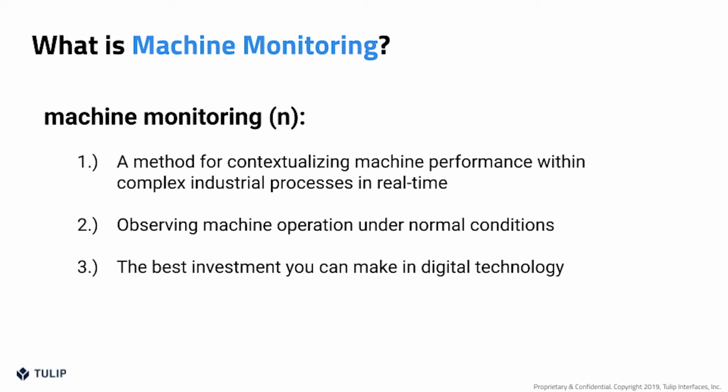In the old times, machine monitoring was literally somebody running the machine and another person standing there with a stopwatch in their hand, clicking to see how long the cycle actually took to complete. Machine monitoring nowadays also allows you to see when the machine is down for changeover, maintenance, tooling changes, for a variety of reasons. But overall, it's watching a machine operation from start to finish and also the times in between.